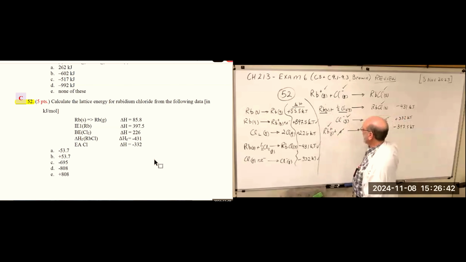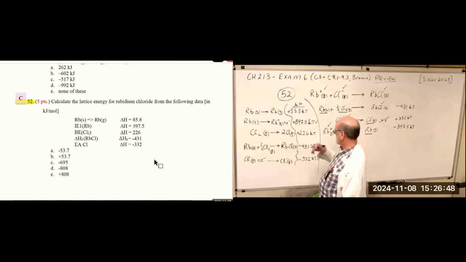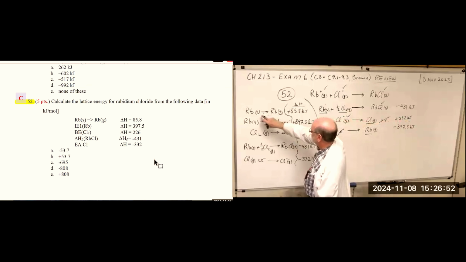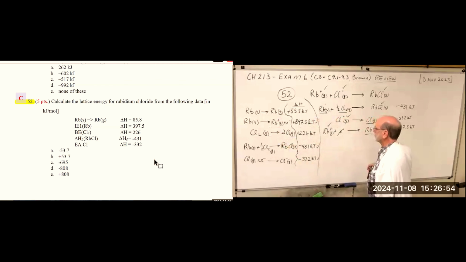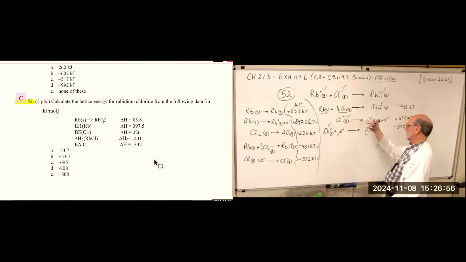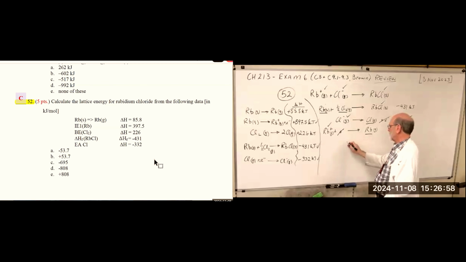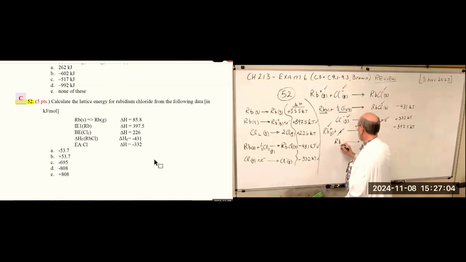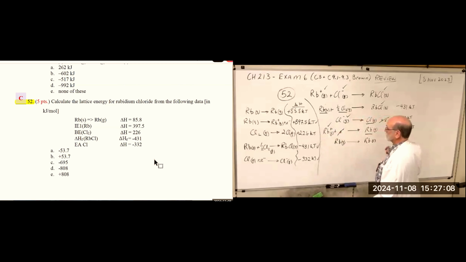We got to put rubidium solid on this side from one we haven't used yet. Here, right there. So that rubidium solid needs to go on this side, and this rubidium gas on this side. And we change the minus 85.8.